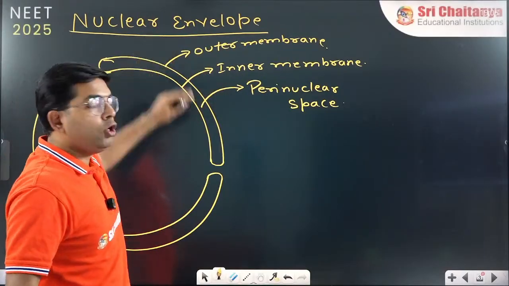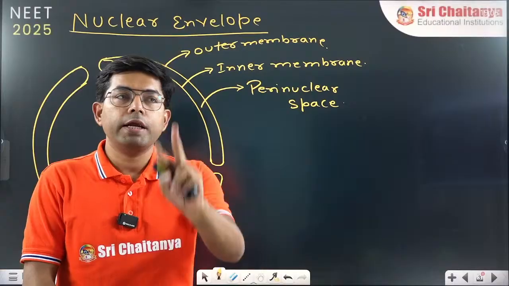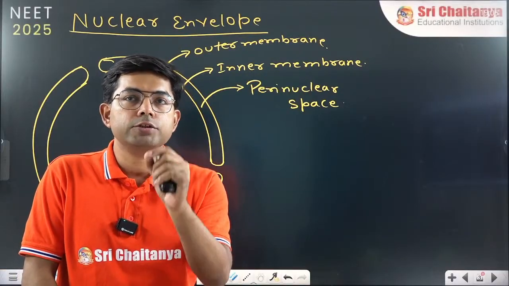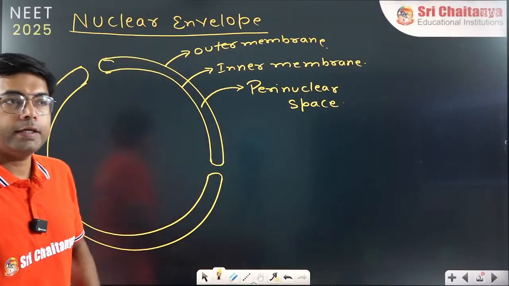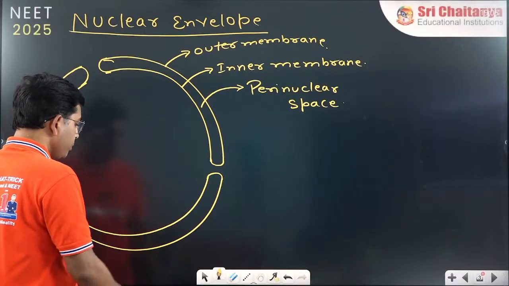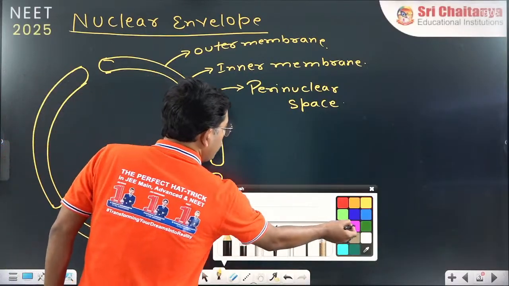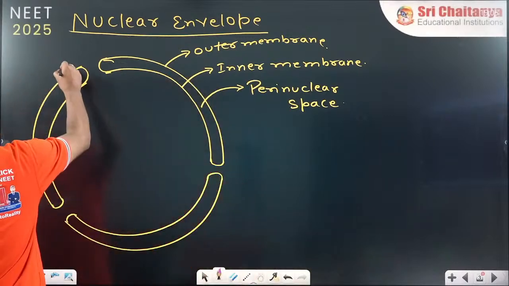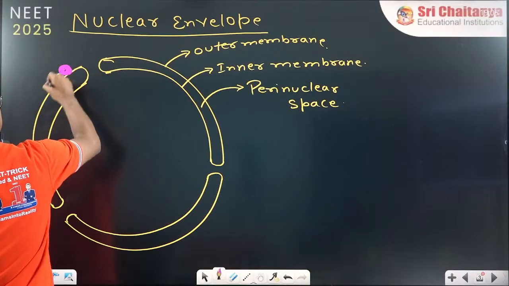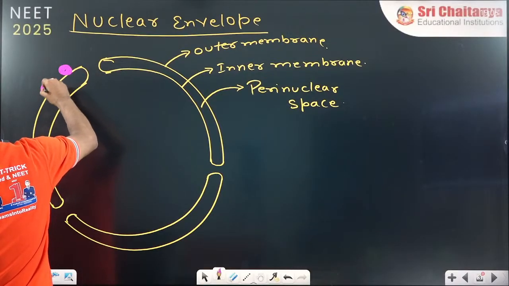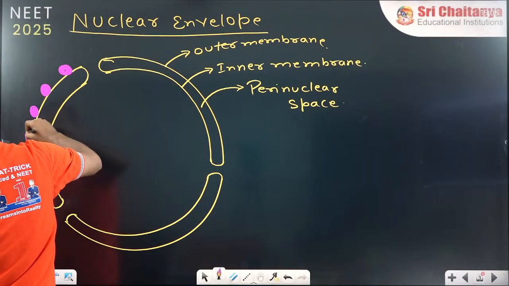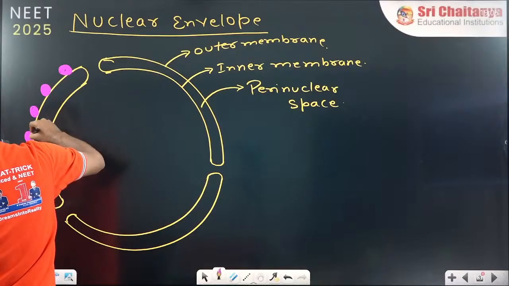So can we say the nucleus is a double membrane structure? True or false? Nucleus is a double membrane structure. It is correct. Now, on the surface of the nucleus, on the outer membrane, what is present? On the outer membrane, this spherical structure I am drawing, tell me what it is.